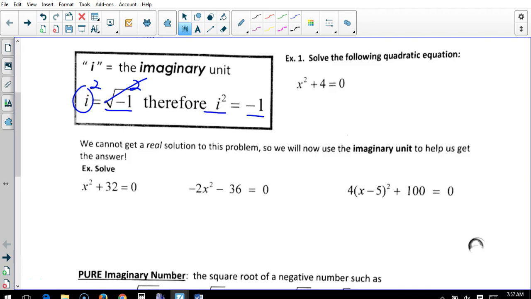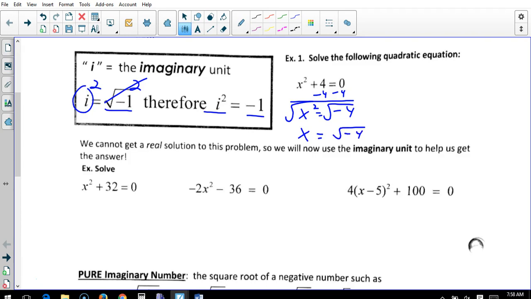So, for example, x squared plus 4 equals 0. Well, we minus 4 like we've done before. And before, we would just stop. Because we couldn't do that, we square root both sides, and we end up with the square root of a negative number.